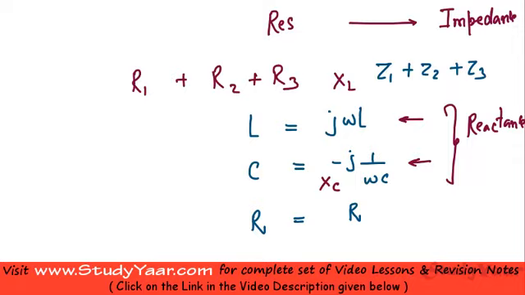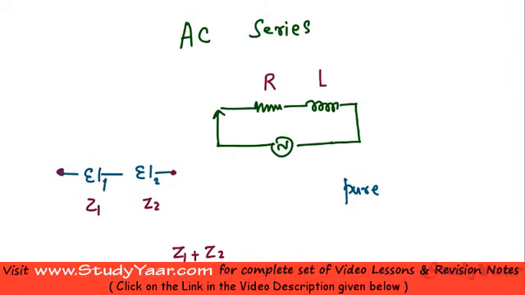Now just see our situation over here. We have R and L connected in series, so we have a resistance and an inductor connected in series.